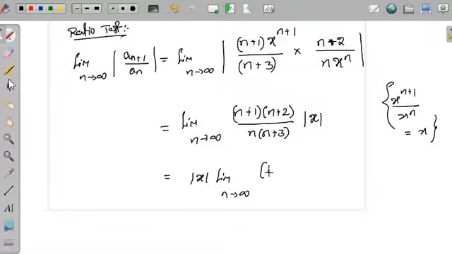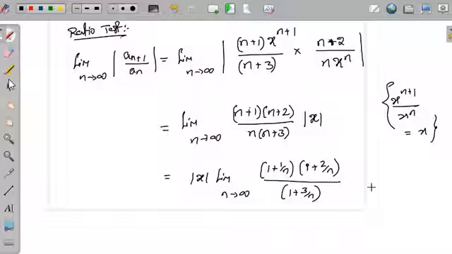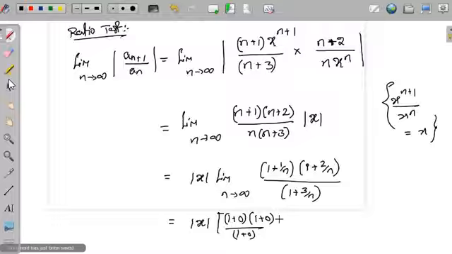Upon taking n square out, we can rewrite it like this. The denominator is 1 plus 3 by n. So this would be mod x times 1 plus 0, and this is 1 plus 0, the denominator also 1 plus 0. So finally what we get here is just mod x.